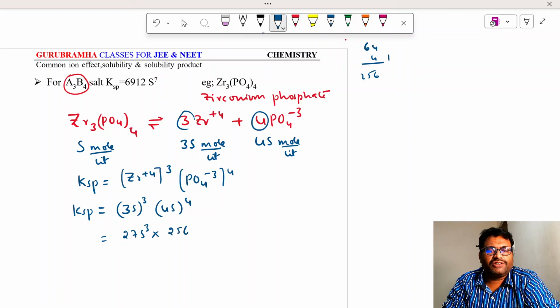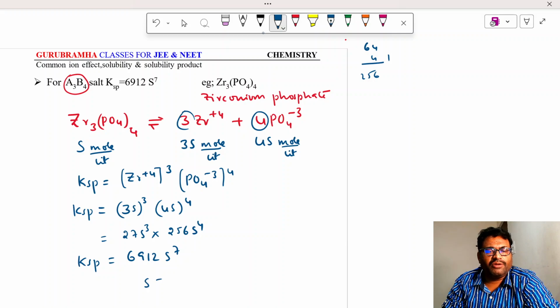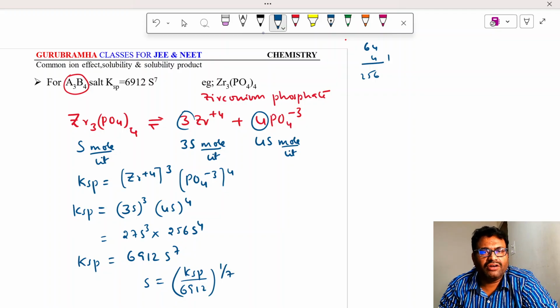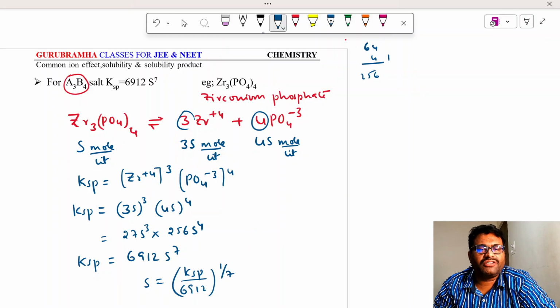So 256 S power 4. If you multiply this, what do you get? 6912 S power 7. KSP is equal to that, then solubility will be equal to KSP by 6912 whole power 1 by 7. Understood? The relation between solubility and solubility product we are finding.